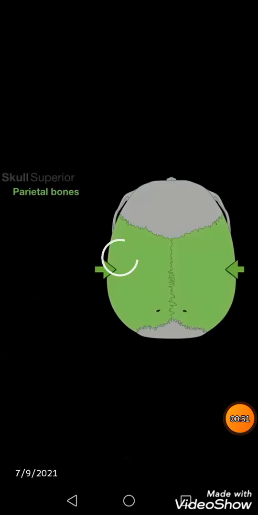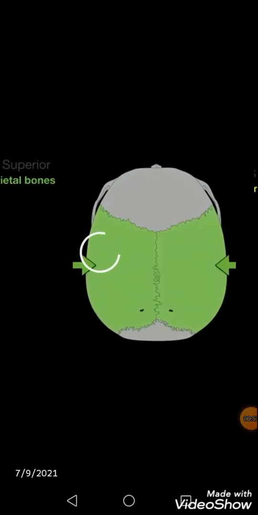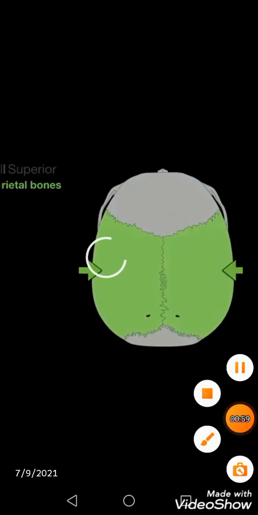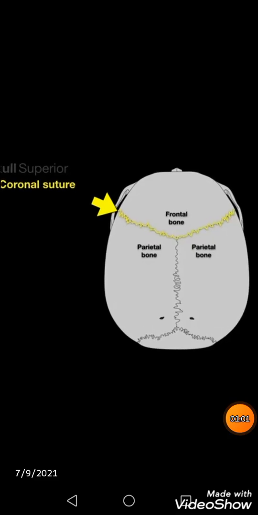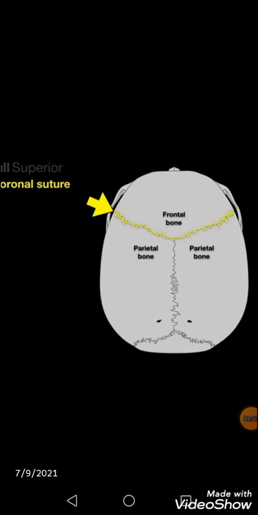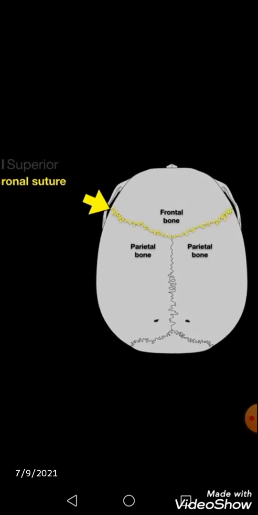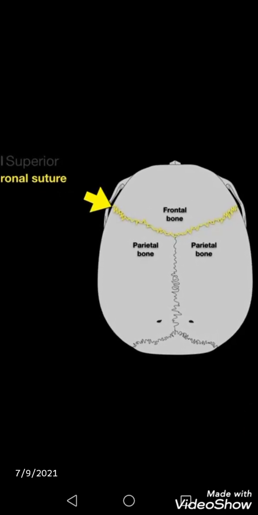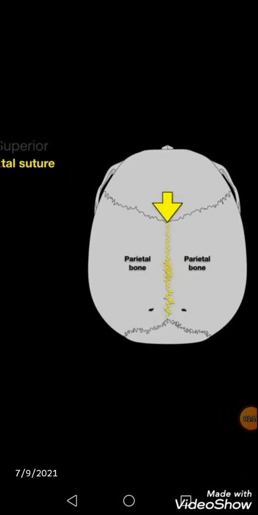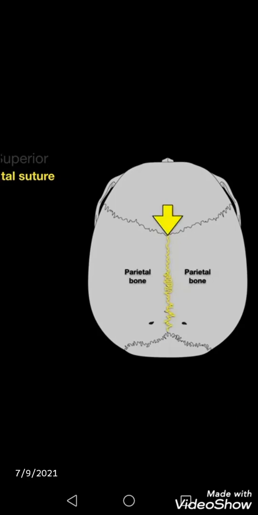Now this is the picture to show you how parietal bones are present in the Norma Verticalis. Now look at the position of the coronal suture that starts from one temporal fossa and goes up to the other temporal fossa, right? Now see the placement of the sagittal suture in between the two parietal bones.